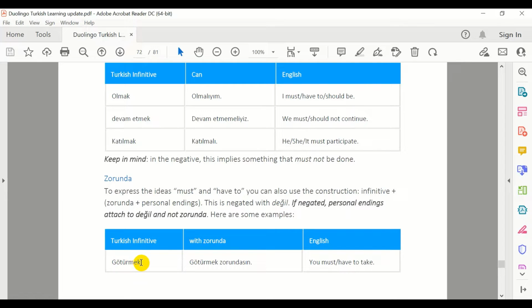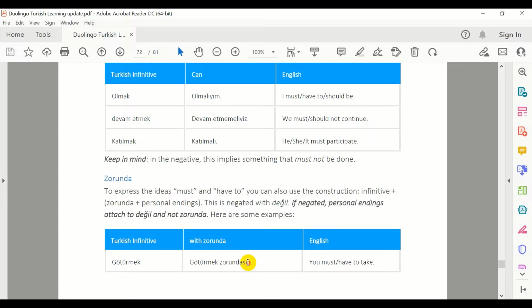Götürmek. See the structure. It says the infinitive. It is the infinitive form of the verb. After that infinitive form, you can use the word zorunda, and after zorunda, you use the personal ending. Götürmek zorundasın.